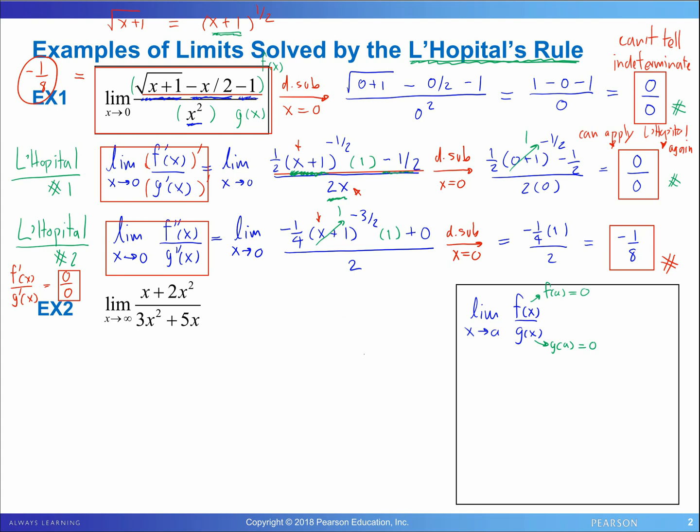Which means that in this case we have the limit as x goes to a of 0 divided by 0, which is indeterminate. And we can also apply the L'Hopital's rule on it. Make a note right here. Can apply L'Hopital's.